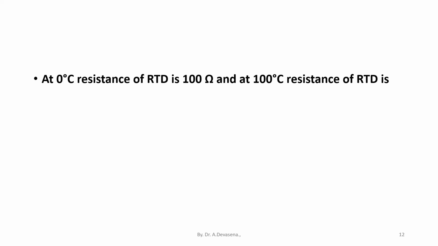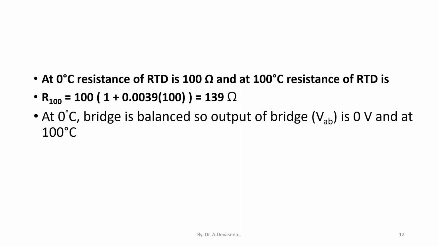At 0 degrees Celsius, the resistance of the RTD is 100 ohms, and at 100 degrees Celsius, the resistance of the RTD, R_100, is equal to 100 into (1 plus 0.0039 into 100), that is equal to 139 ohms. At 0 degrees Celsius, the bridge is balanced, so the output of the bridge V_AB is 0 volt.